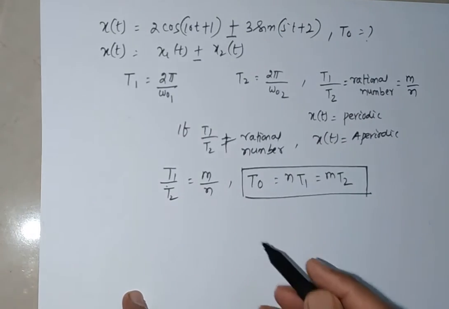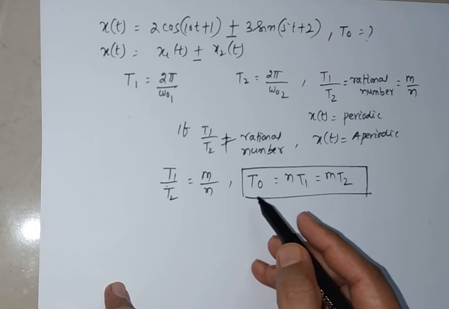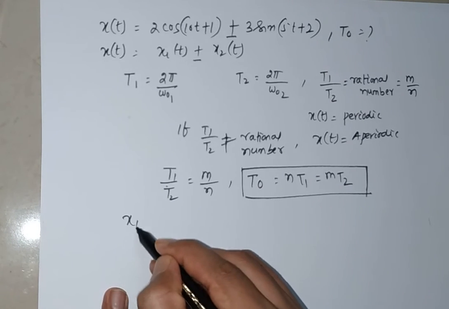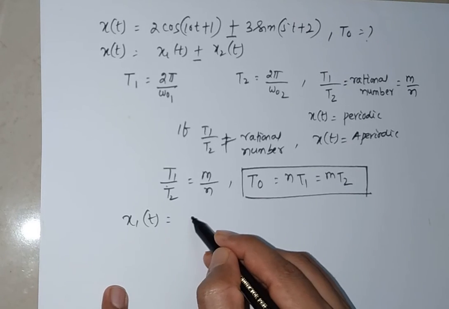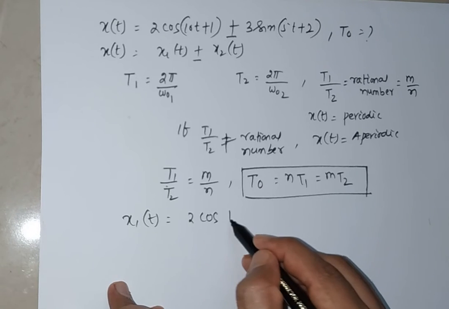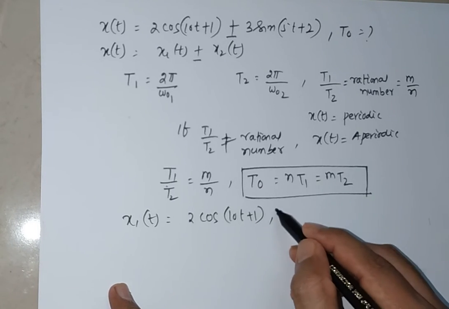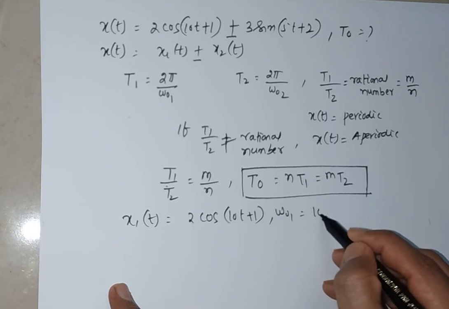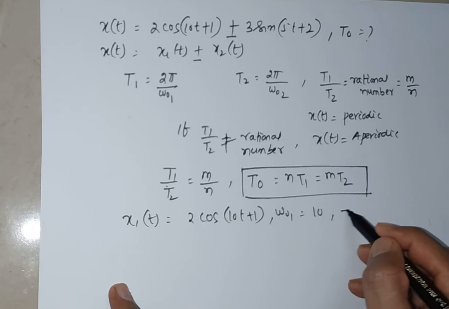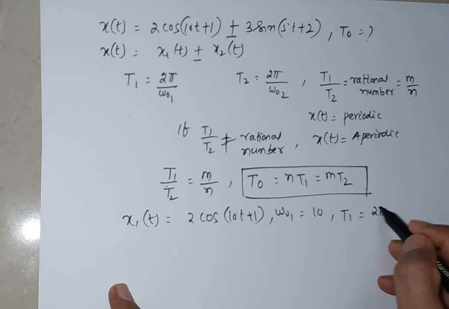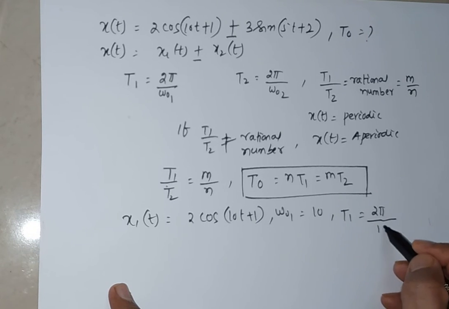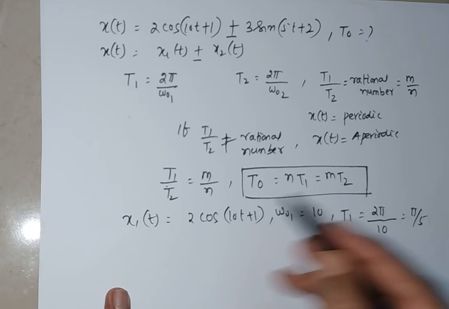Clear? Now if you see our question, find x1 of t. It is 2 cos of 10t plus 1, and omega 0 1 here is 10. Then t1 is 2 pi by omega 0 1, that is 2 pi by 10, which is pi by 5.